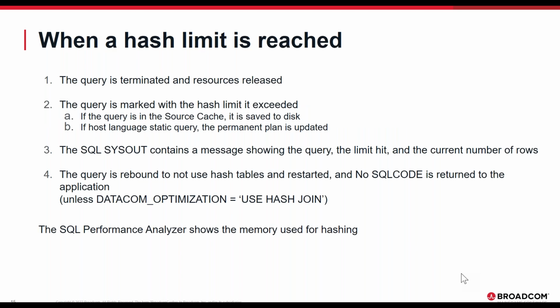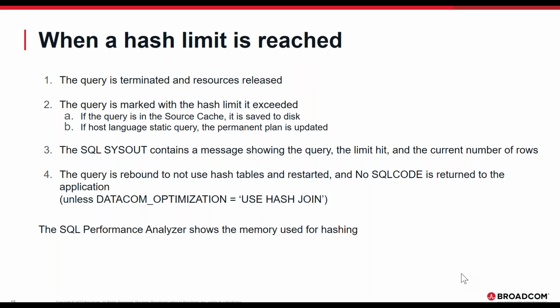Now, what happens when a hash limit is reached, either one of them? Well, we wanted to make sure that anything that had been running for the last 20, 30 years continues to run. So although if you set that limit to the same size as the virtual table, it's not likely that you would have one of these limits reached. But if it does happen, we're going to take care of that.